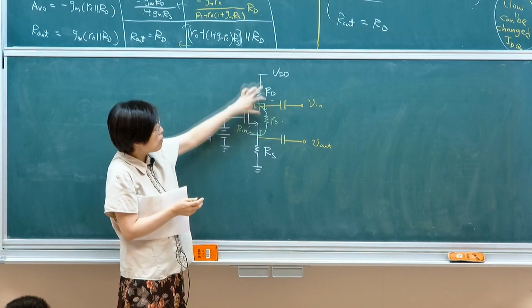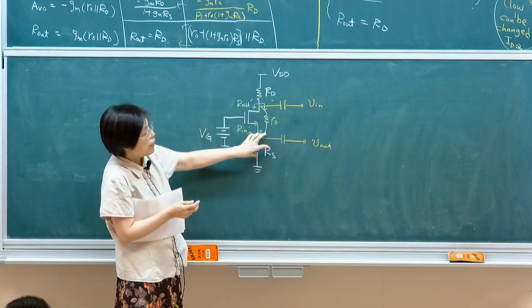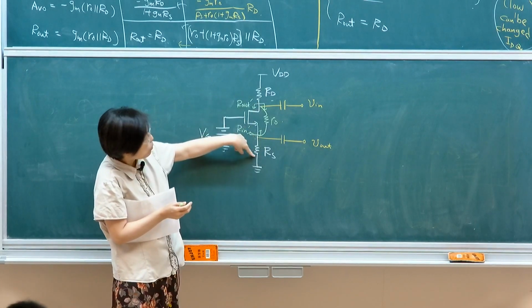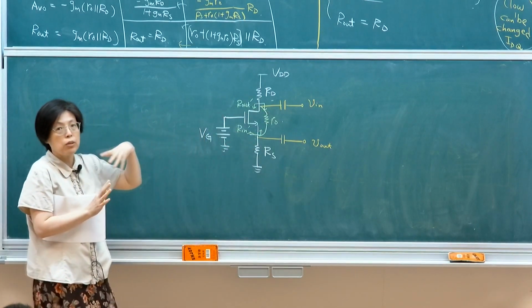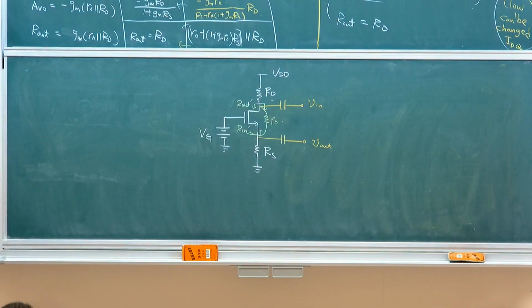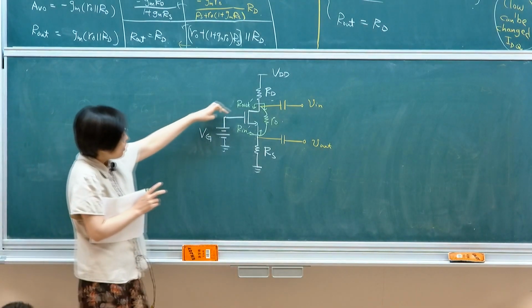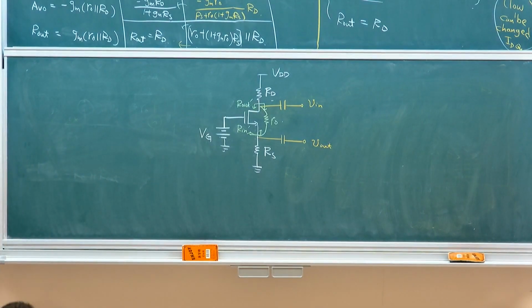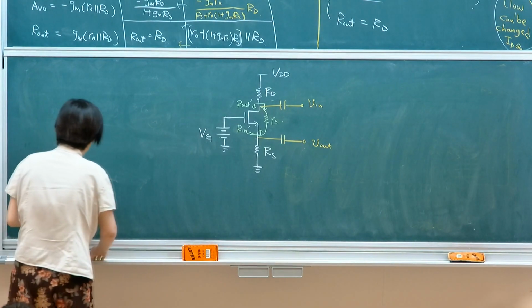This resistance will be attenuated if you're looking in from the input. This resistance will be amplified, similar to the discussion of a source generation. So it would have different effects.